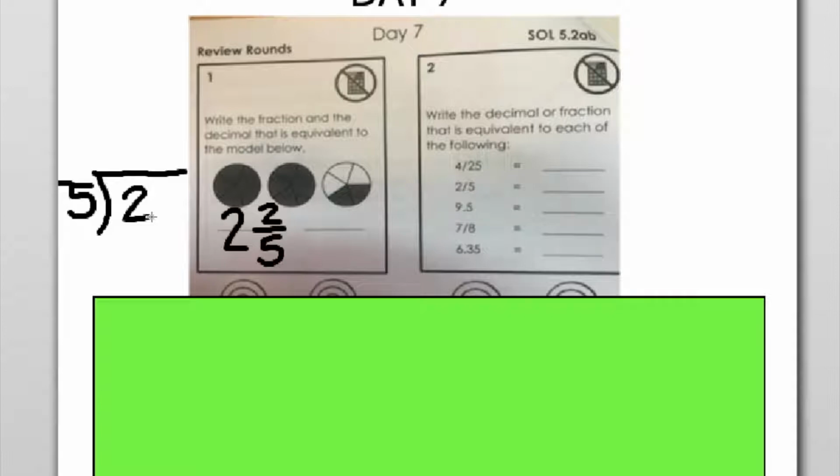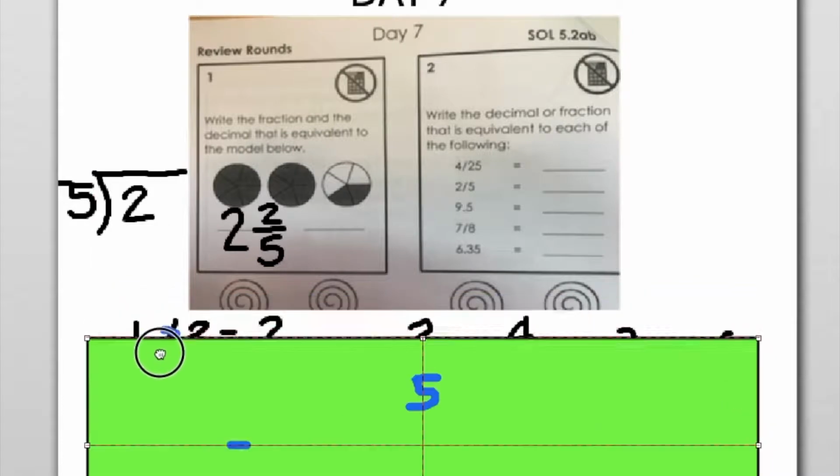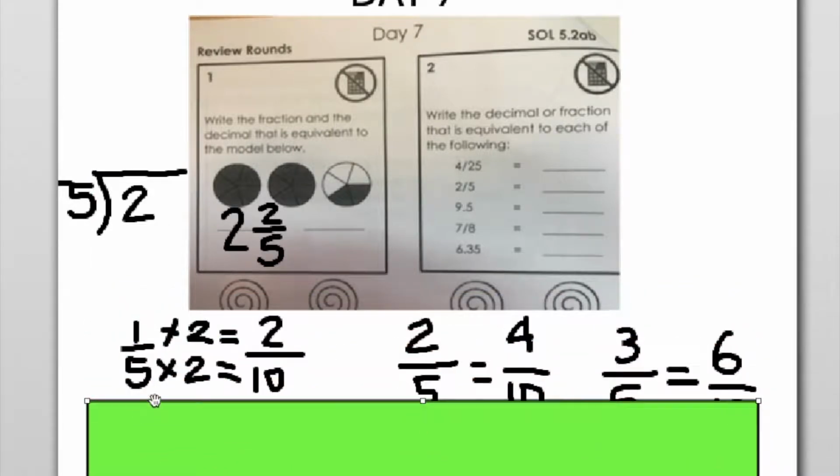However, this fraction is pretty simple. We've done a lot of work with understanding what fraction decimal equivalencies there are. So I wrote a couple things down here to help us. Let's say we have 1/5. What is 1/5 equivalent to?